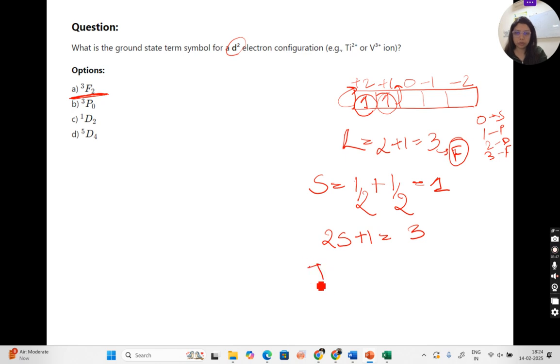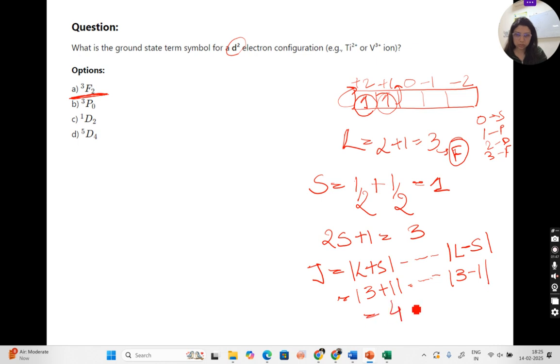Now moving forward with the value of J, which goes from L plus S to L minus S. So here, from 3 plus 1 to 3 minus 1, we get 4, then 3, then 2.